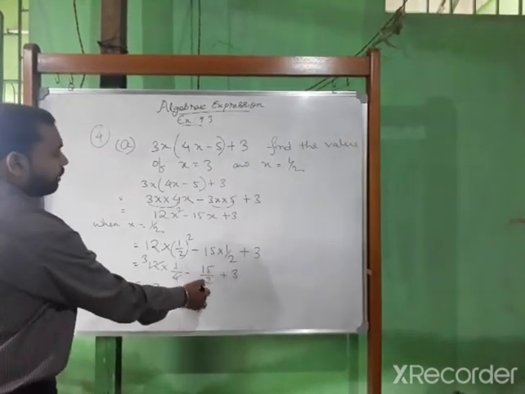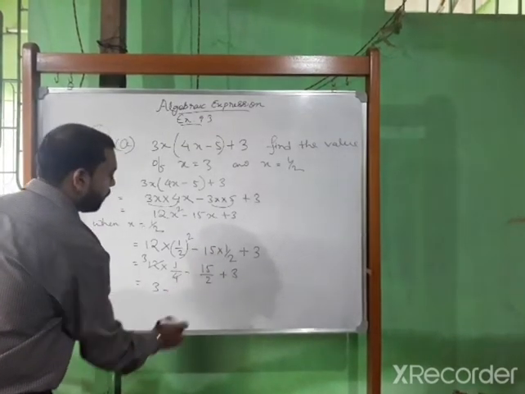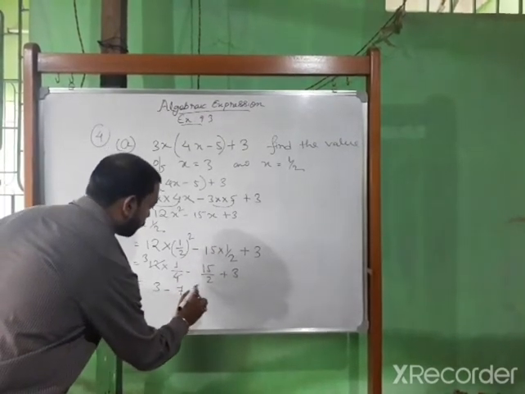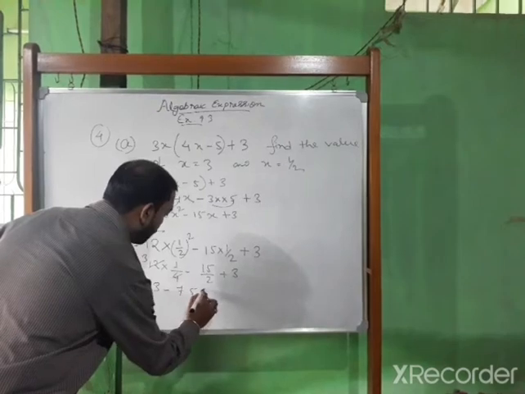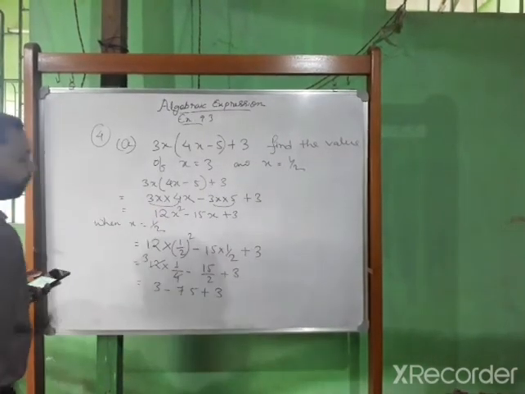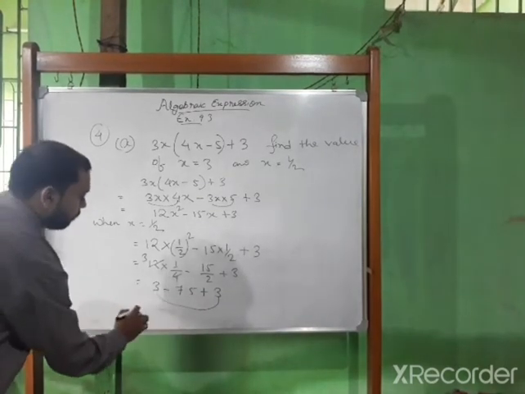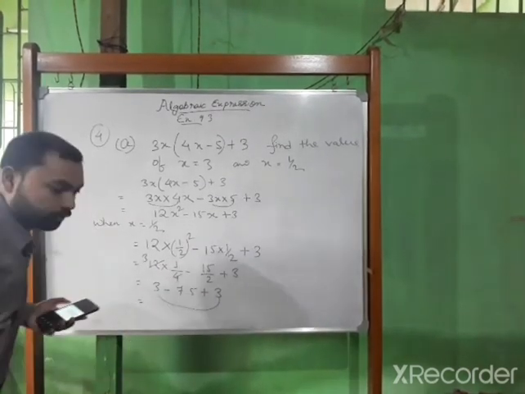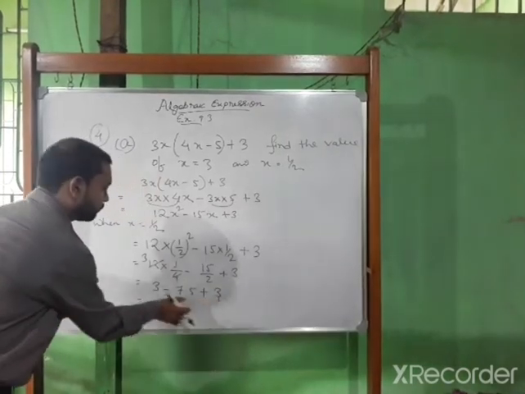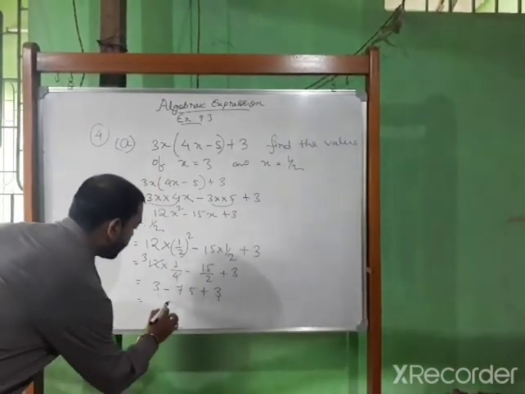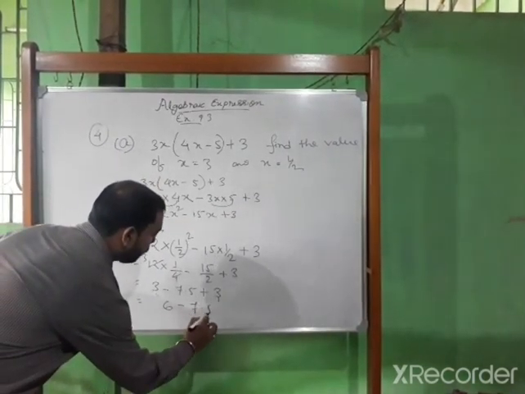Let us convert this into decimal. 15 by 2 will be 7.5, plus 3. So 3 plus 3, and we are using the Bodmas rule, is 6. It is 6 minus 7.5.